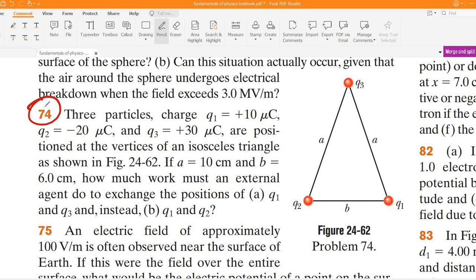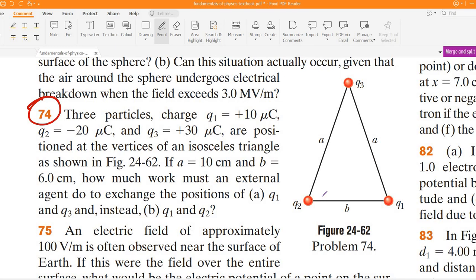Next problem, 74. Alright, so we have three particles. Three particles are the vertices of an isosceles triangle. That means two sides are equal, but the third side isn't. So we have an isosceles triangle, and I have Q1, Q2, and Q3 all at different charges.